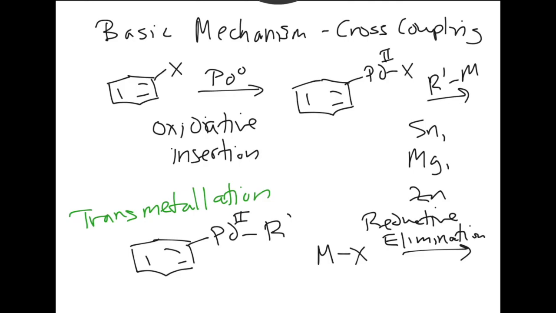Here you take your two groups and put them together. That spits out the product, plus it regenerates your palladium 0. So you go from palladium +2, make the bond that gets you to palladium 0, gives you your product, and regenerates your palladium to go do this reaction again.